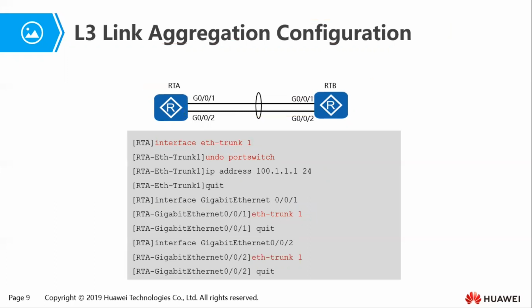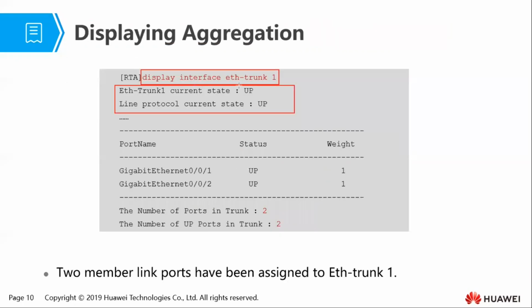So we can always use the display command to confirm. So display interface ETH trunk 1. So we can see that the current state is up, and also the line protocol is up.